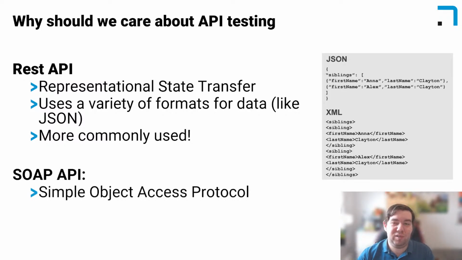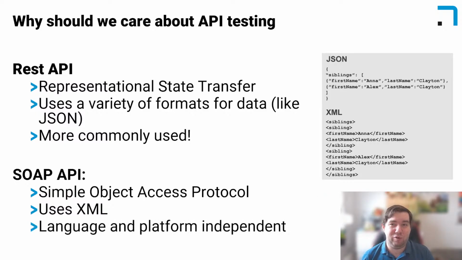SOAP stands for Simple Object Access Protocol. Unlike REST API, SOAP only uses XML, which means a lot of requests from SOAP can be maybe bloated isn't the right word, but they can be quite large and difficult to write. SOAP does pride itself on being fairly language and platform independent, however, as well as being quite secure.